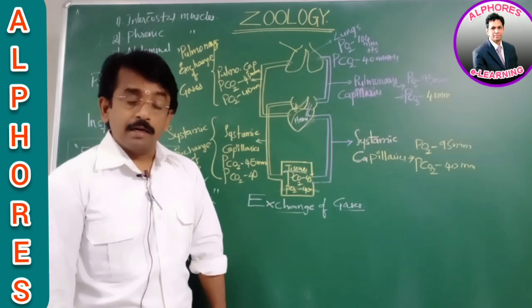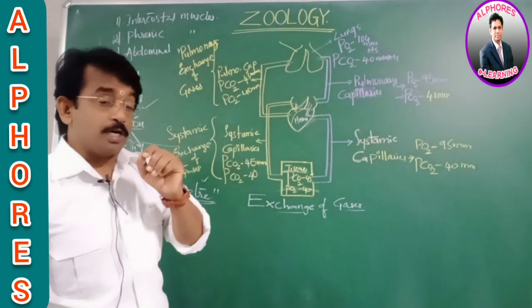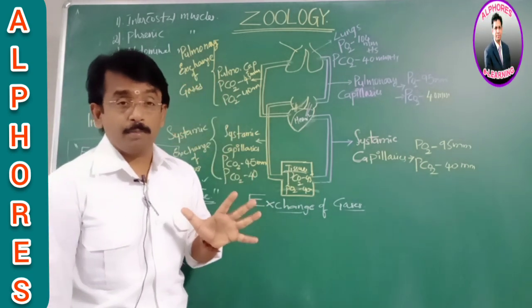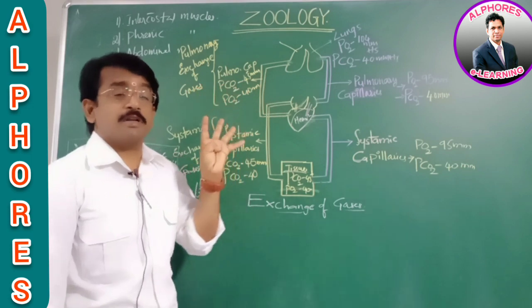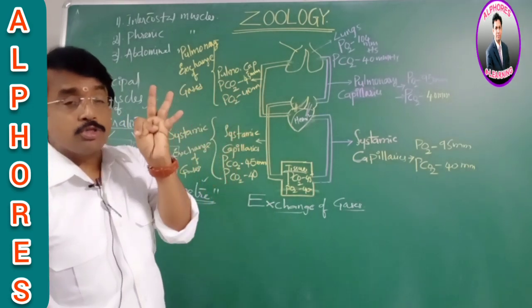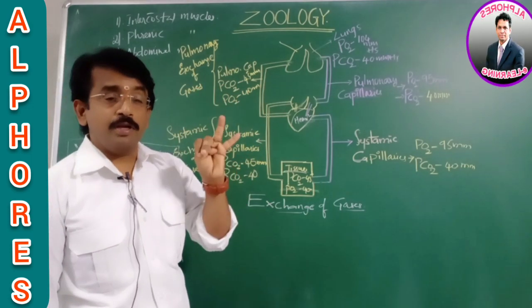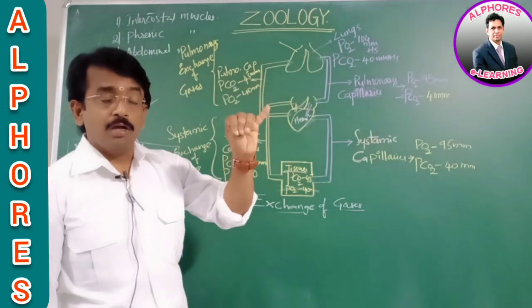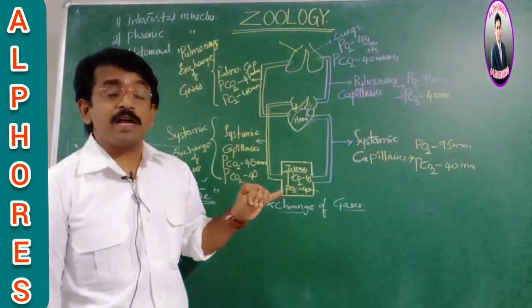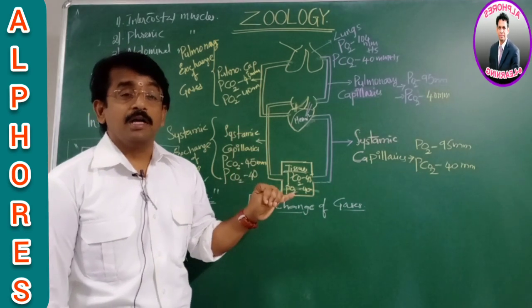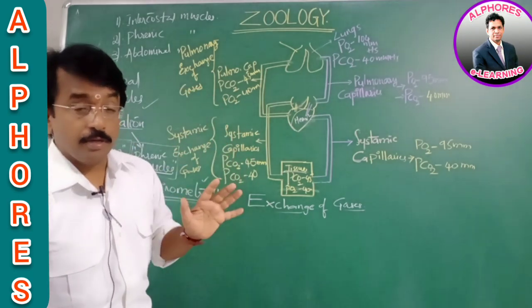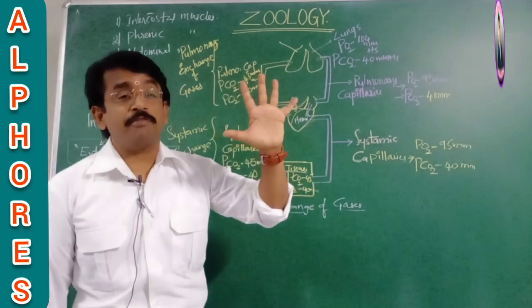The diffusion, the exchange of gases, depends on 5 factors. 1. The partial pressure of a gas. 2. Solubility of gas. 3. Thickness of respiratory membrane. 4. The distance travelled by gases. And 5. the respiratory surface.